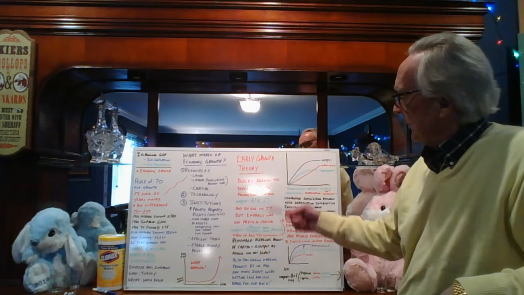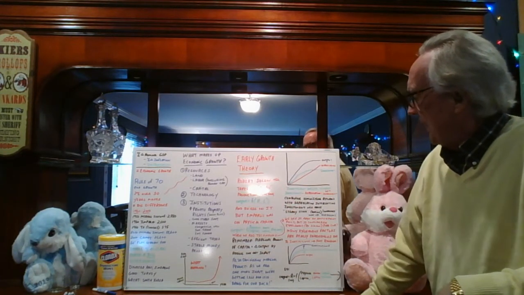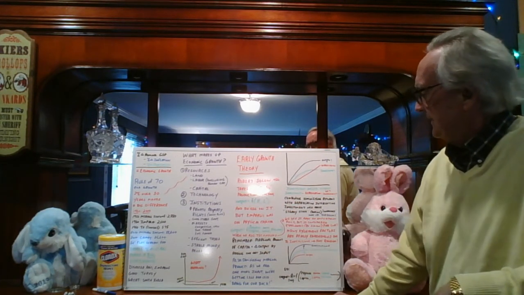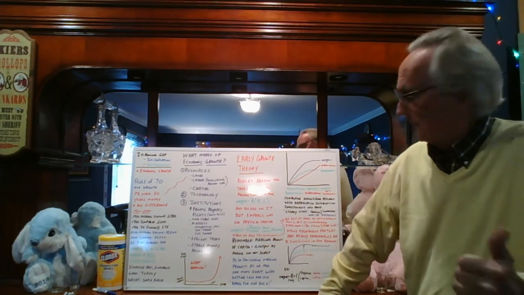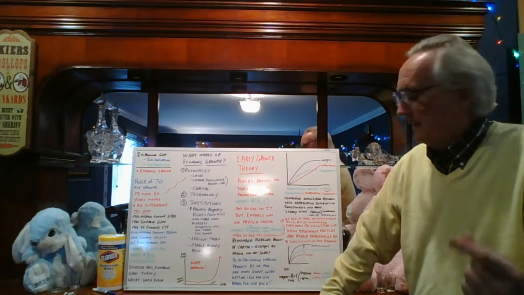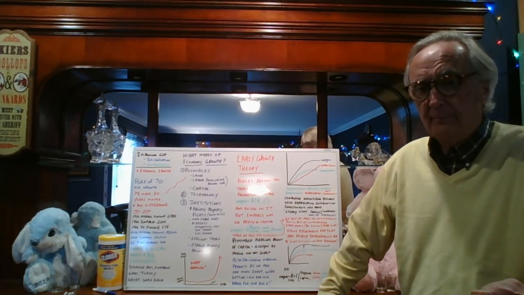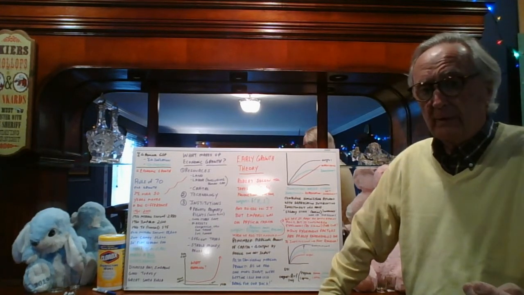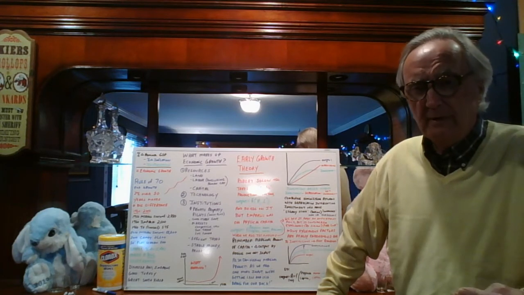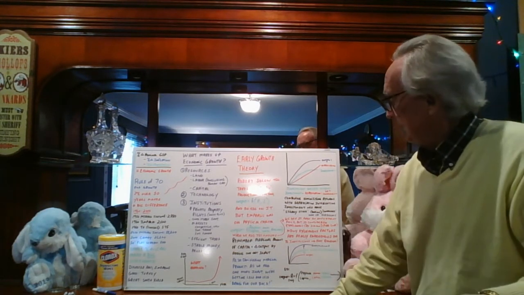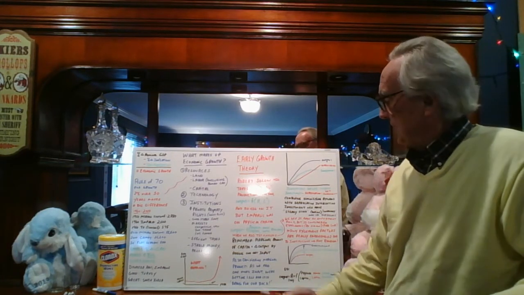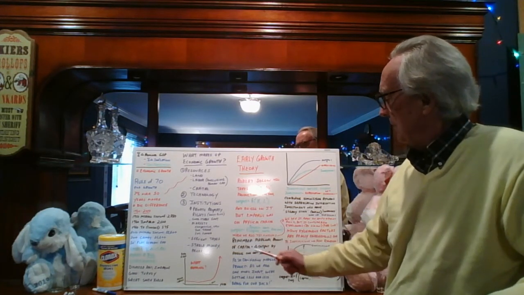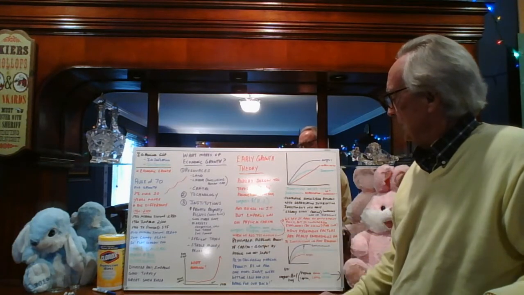So Solow took it and built on it, and he did add resources. So we've got physical capital, labor, human capital, and resources. But he really concentrates on physical capital. So he said output is a function of physical capital, human capital, and resources.